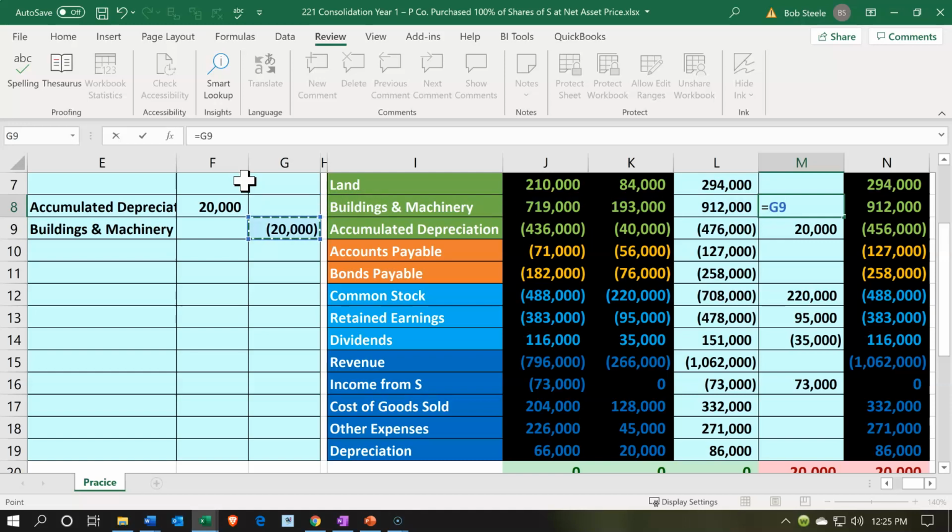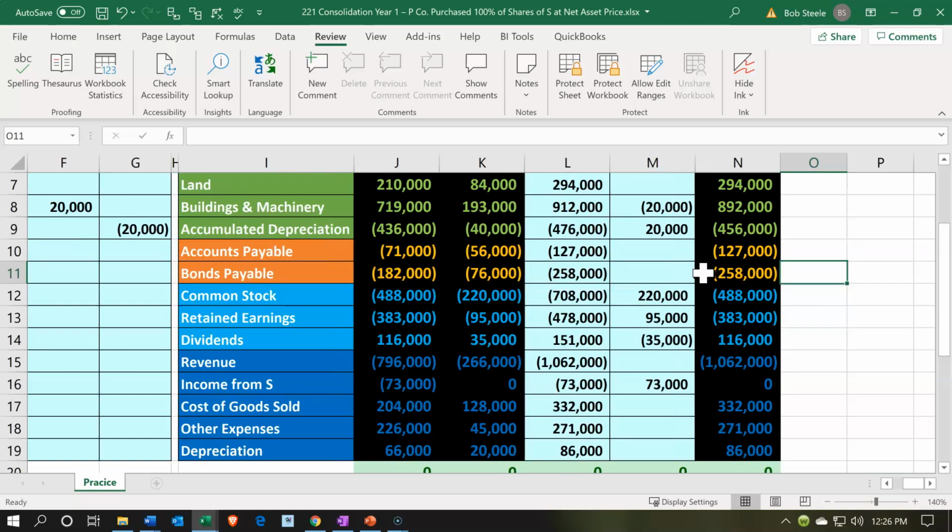So what we did in essence is we said, look, at the point in time of consolidation at the beginning of the year, there was 20,000 in accumulated depreciation, and we want to record that as the net value of the building and machinery and the depreciable assets, and then depreciate from that point forward. So we're netting out the portion of S's accumulated depreciation that was there at the point in time that the 100% of the stock was sold, so that depreciation takes place from that point in time going forward. That's the essence of it.